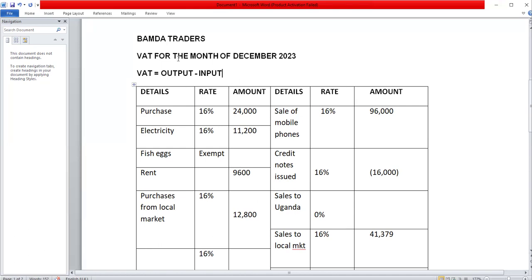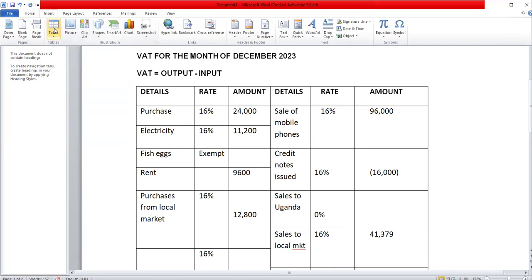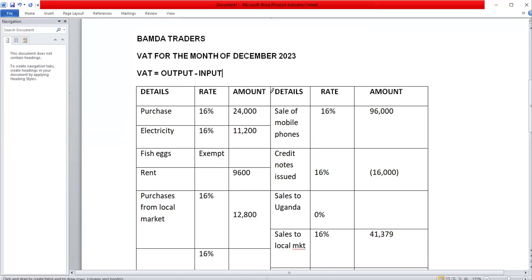So we need a double line so that we know there is a difference between the debit side and the credit side. This double line separates the debit and the credit.